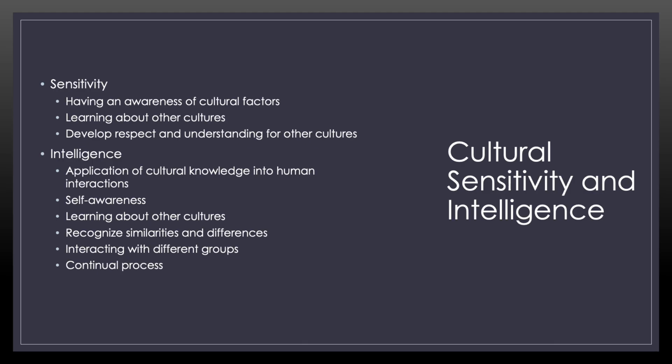It helps to humanize each other and helps to really have that understanding of the experience that a different culture can bring. Cultural intelligence also involves interacting with different groups, and again, it's a continual process of going through all of these steps in order to really become someone who can apply cultural knowledge into those human interactions quite comfortably.